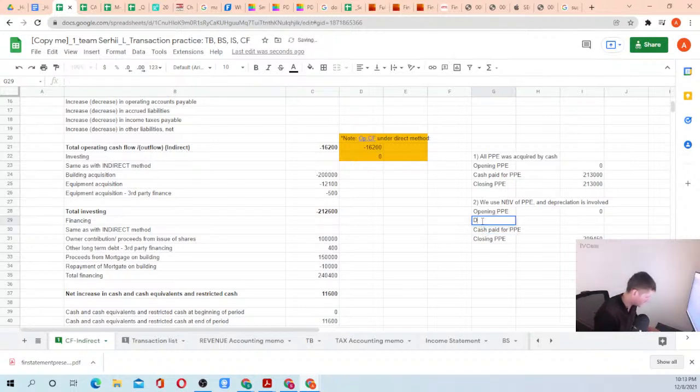Then I have to add depreciation here. And depreciation will decrease the value of my PP&E, so I will take a credit for depreciation. Trial balance.